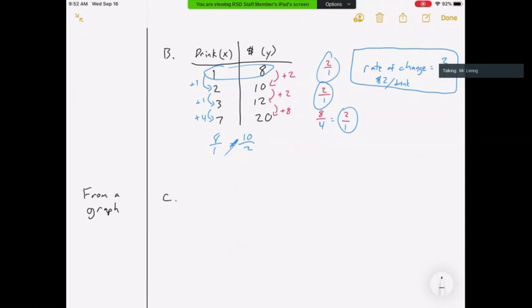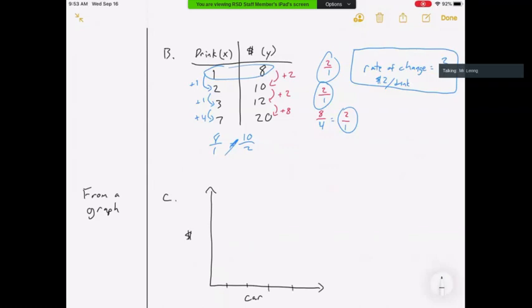So let's go back and graph letter A. I'm going to graph letter A here. If you remember, letter A talked about cars and money. So I'm going to use 5, 10, 15, 20.